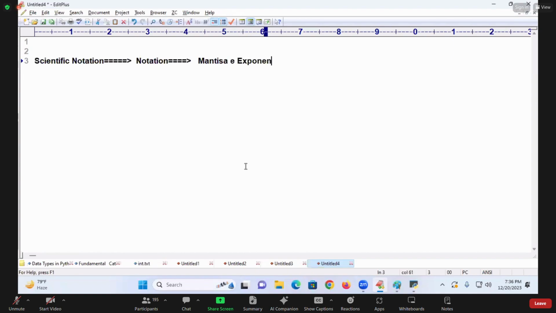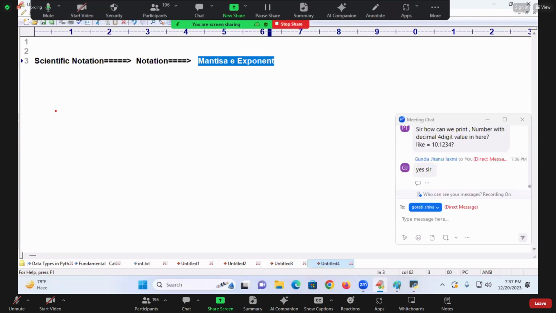Have you heard about this at least? Now I'm going to say mantissa E exponent. This format is known as scientific notation.